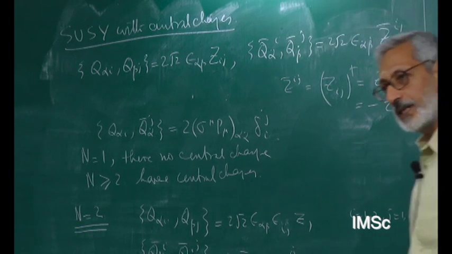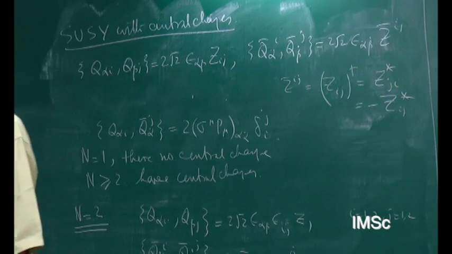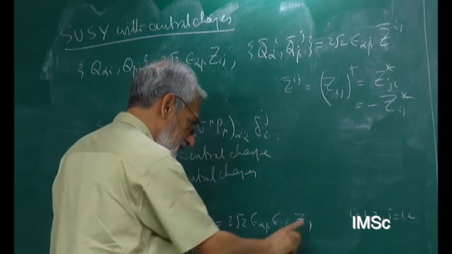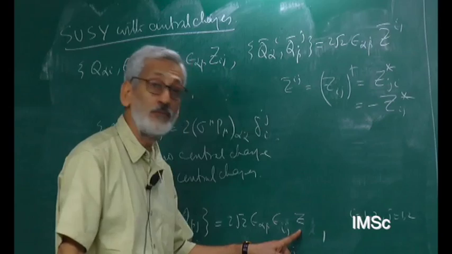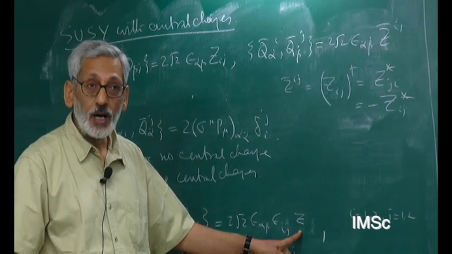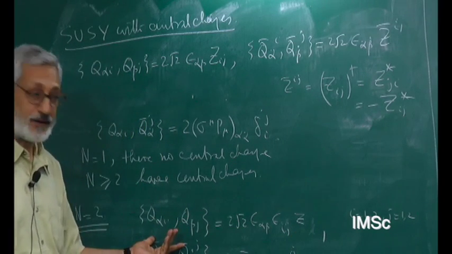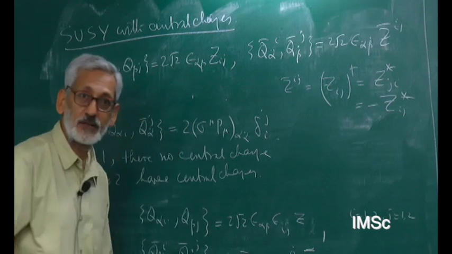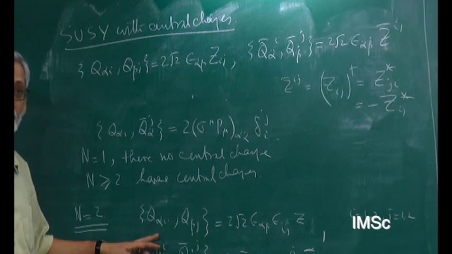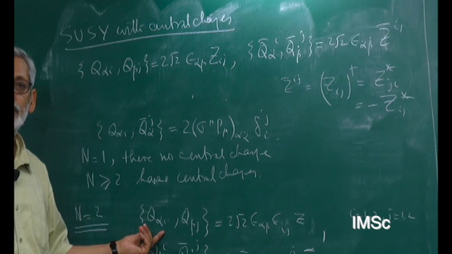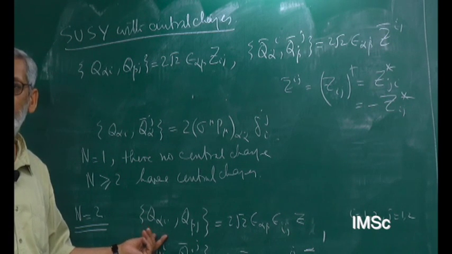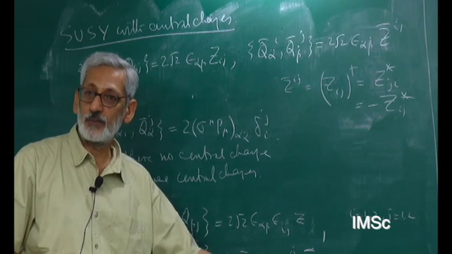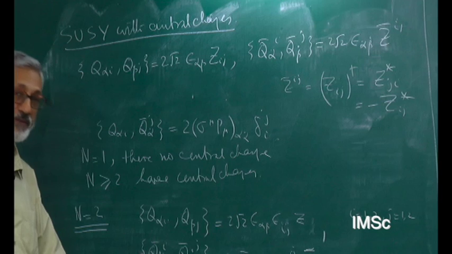But Z need not be complex, because the phase of this Z I can take on this side. Sorry, this is Z bar, right? This is the complex conjugate of this. Take it on this side and absorb it in a redefinition of the Q's. Half of it here, half of it here. Take the phase of Z bar, which is opposite of that, I absorb half of it here, half of it here.